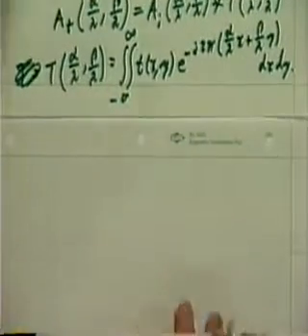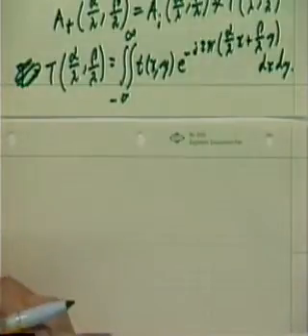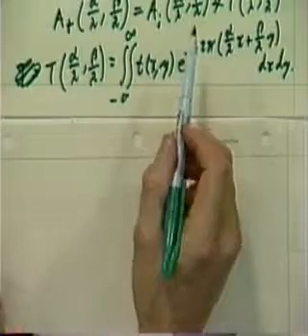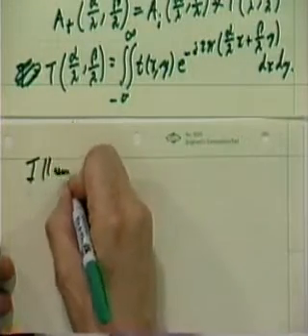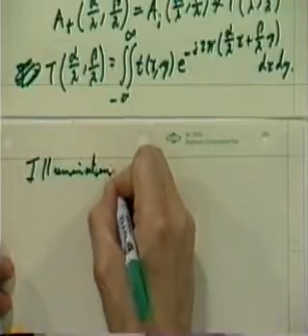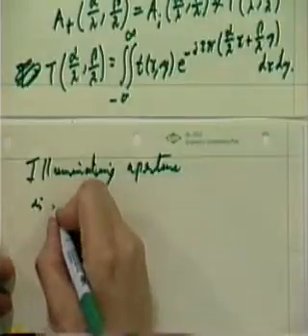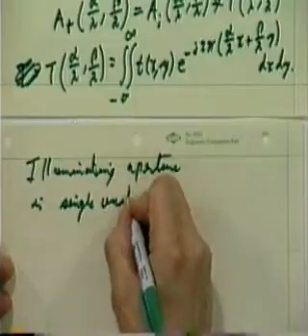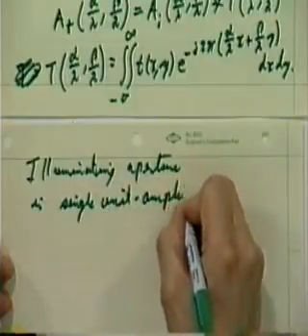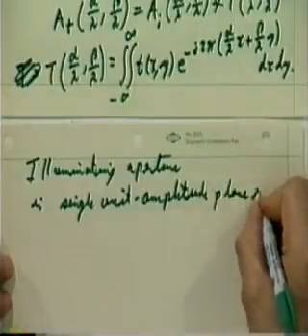Convolutions are difficult for me to do, and so I'm going to make life as simple as possible. And I'm going to say that what we have illuminating the aperture is a single unit amplitude plane wave of infinite size.